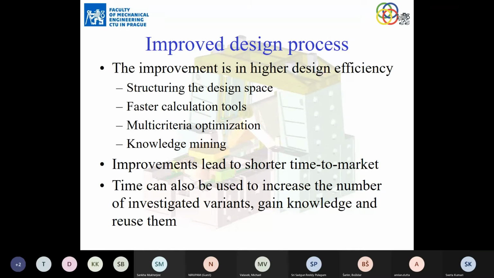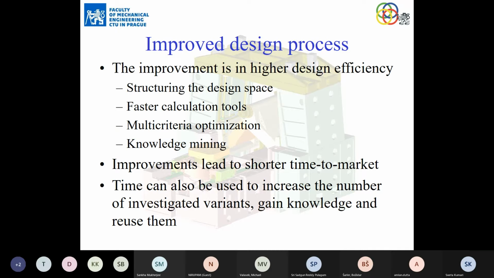So how to improve the design process? The key issue to get there, what I have shown, is to have a higher design efficiency, and we can achieve that by four approaches: structuring the design process, faster calculation tools, multi-criteria optimization, and knowledge mining.